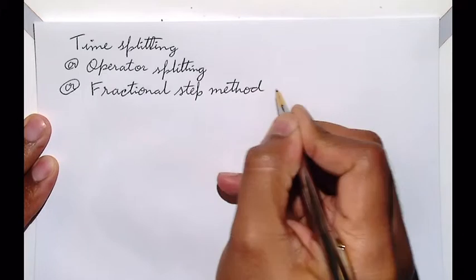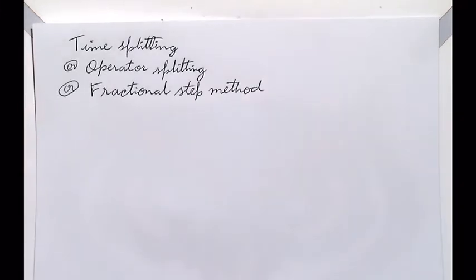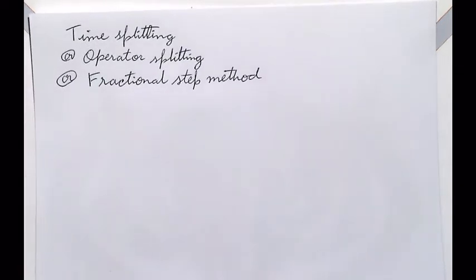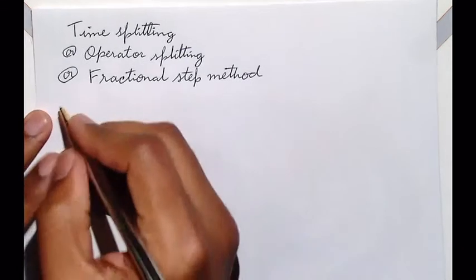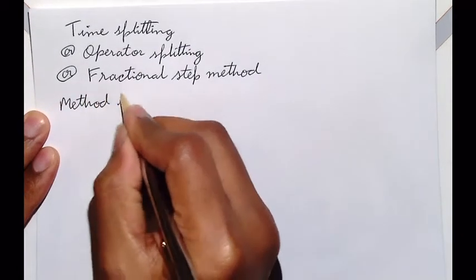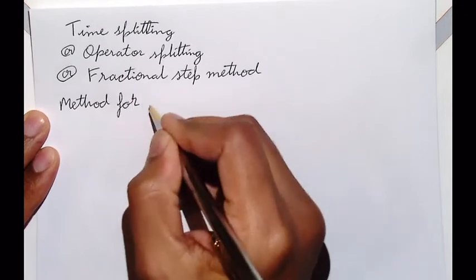And whether you do chemistry, where you look at reaction diffusion equations, whether you do astronomy, whether you do CFD, this fractional step method you will encounter almost everywhere. Okay, so this is just a method for solving PDEs.